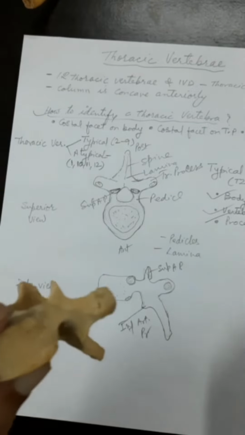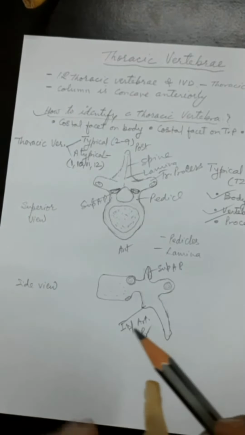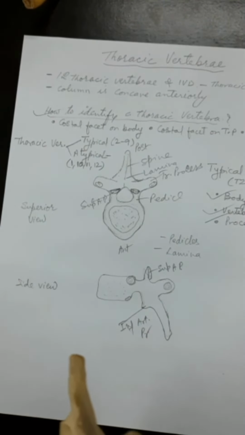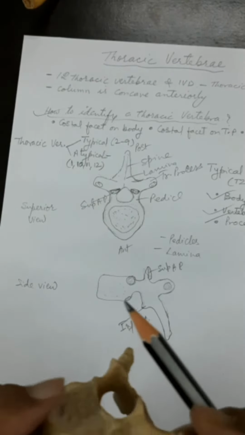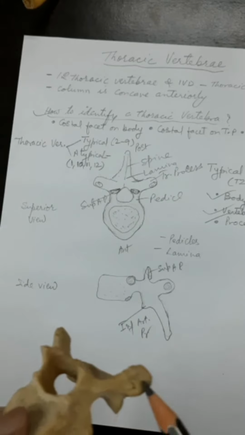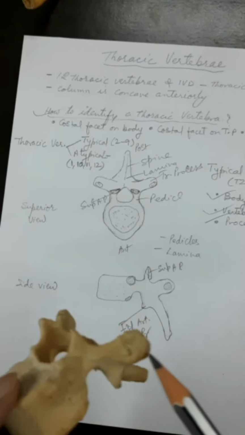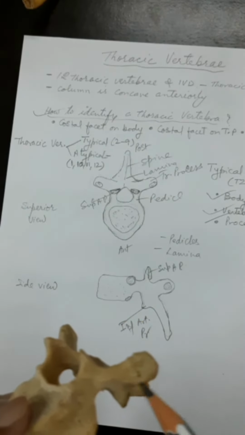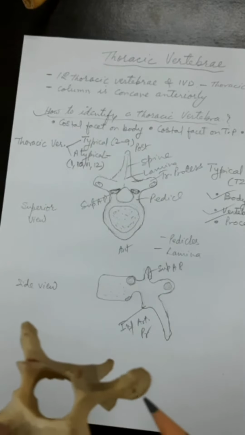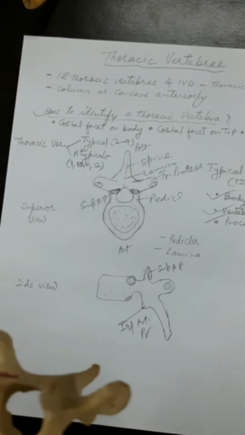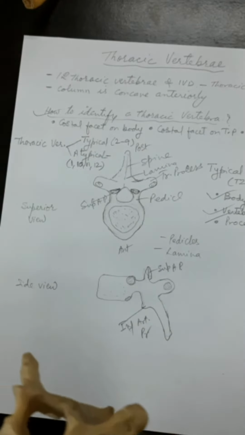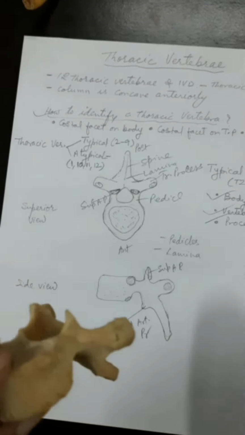Another feature to note on the transverse process is an articular facet. In the upper vertebrae of the upper series, they will show a facet facing anterolaterally, and the lower vertebrae will show a facet facing slightly upward.